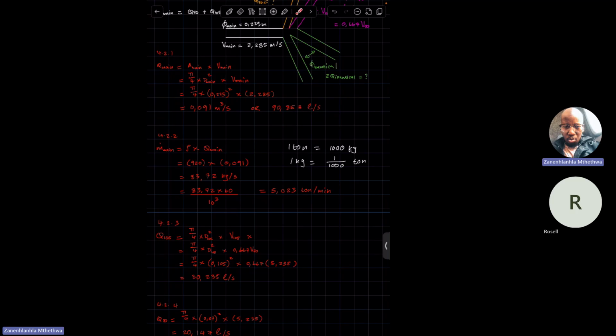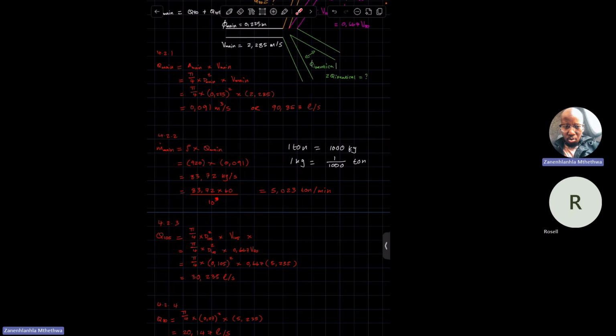That is where this comes from. So to convert the kilograms to tons, you have to replace the kgs with 1 over 1000, which is where this comes from. Do you see what I did here?